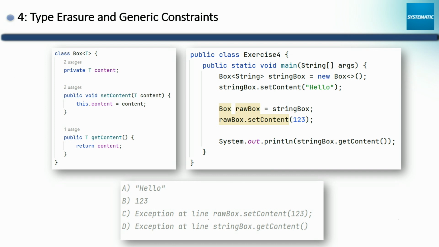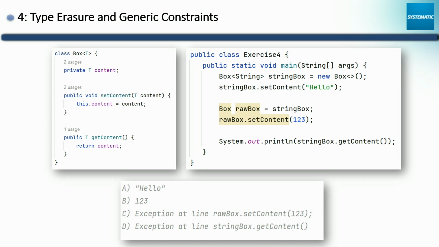The second answer means 123, the second value that we set for the raw box. Or we get an exception at the line raw box set content to 123, or perhaps we get an exception when we try to get the content from the string box.